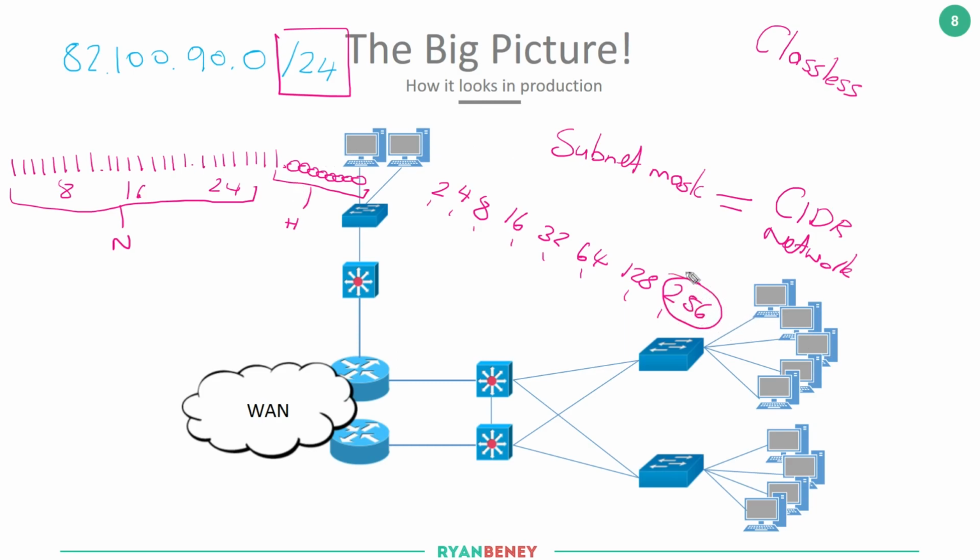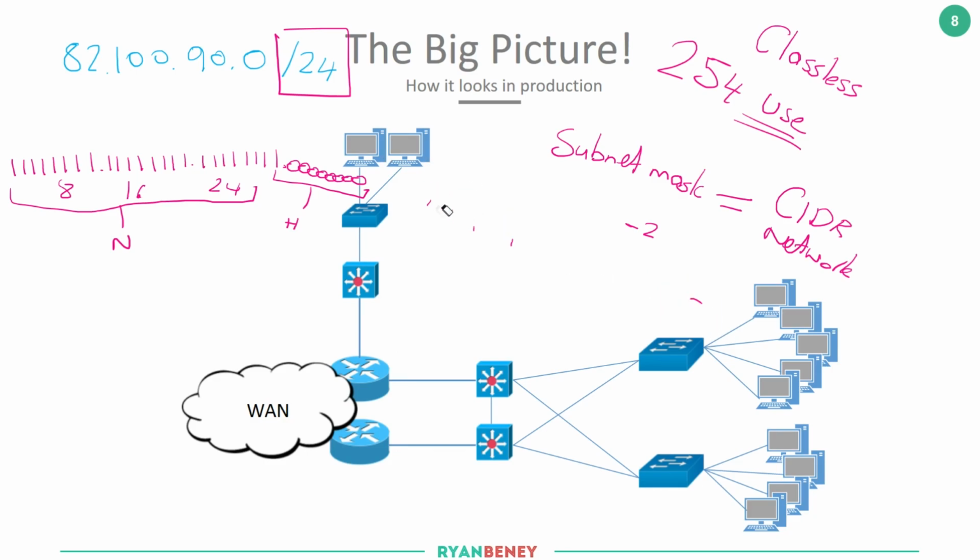But remember, we need to minus 2 because of that network and broadcast, which I'll come back to in a moment, which gives us 254 usable IP addresses.